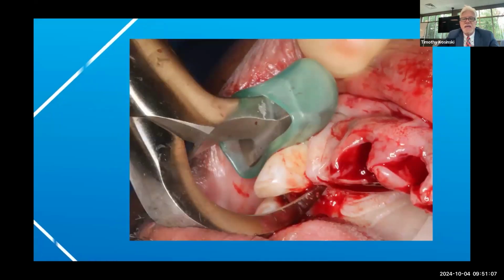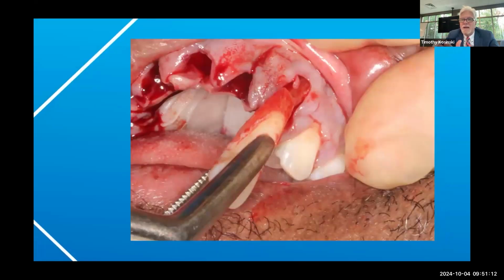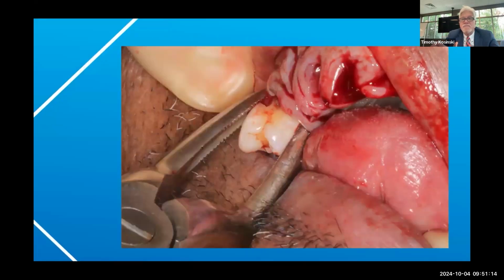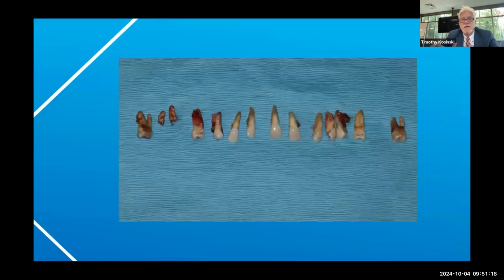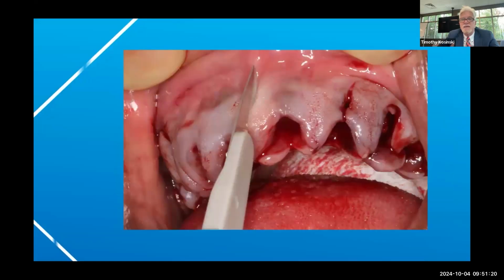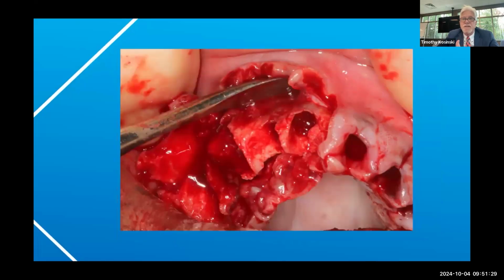So we're removing the teeth quite predictably with not a lot of pressure in a matter of minutes. We're removing the teeth. Then I'm going to make my reflection. And this is the toughest part, because these are pretty serious reflections.